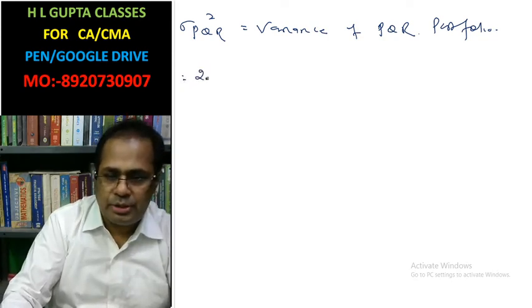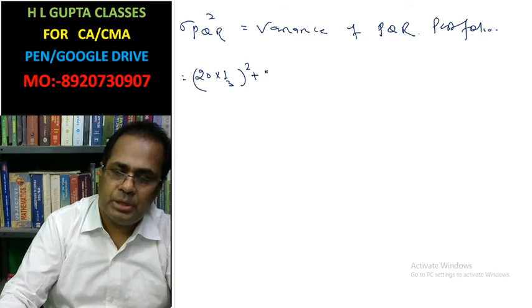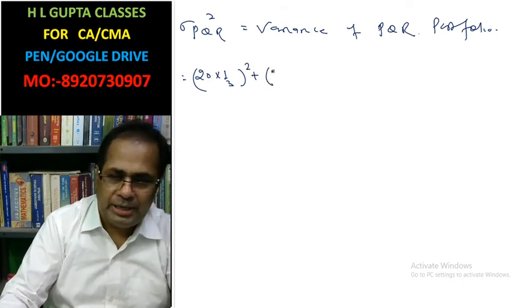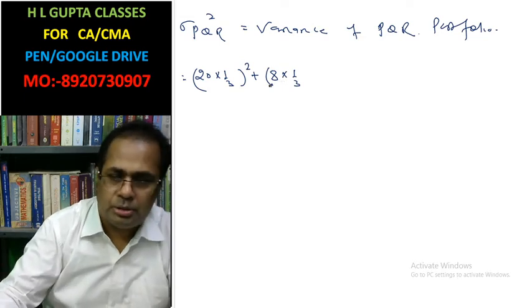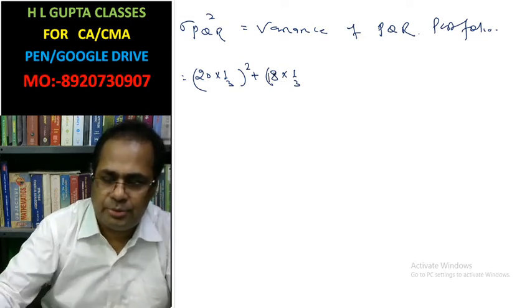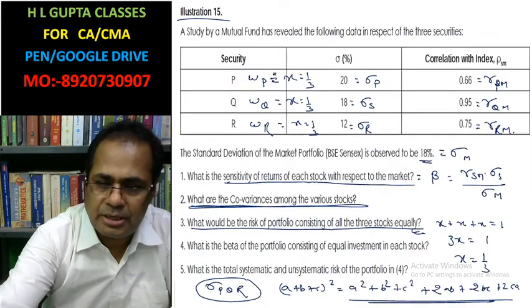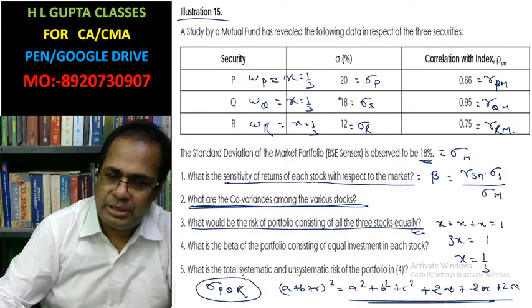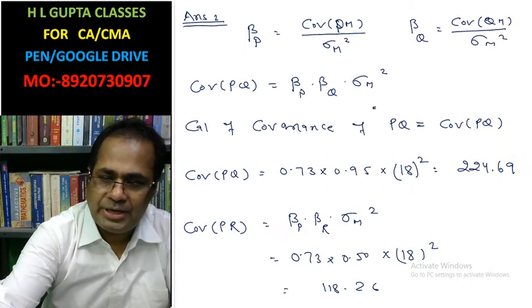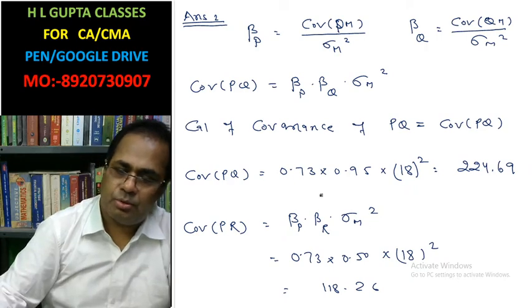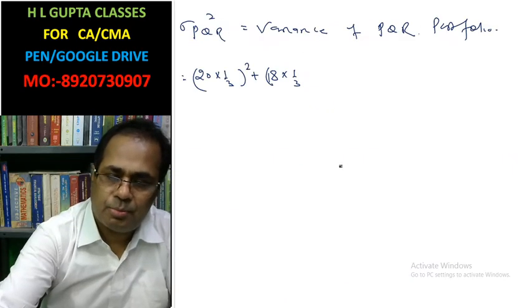So write here 20 into 1 by 3 whole square. 20 is a standard deviation. Now 18 into 1 by 3, and 12 into 1 by 3, these standard deviations are given here: 20, 18, 12, and covariance we have already calculated. Okay, you can apply this formula here.